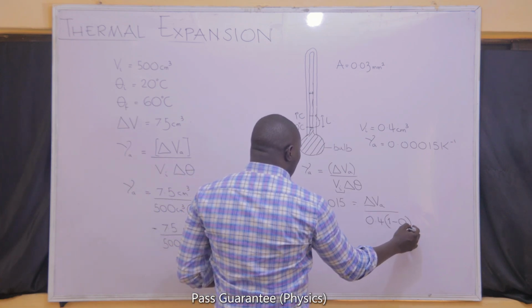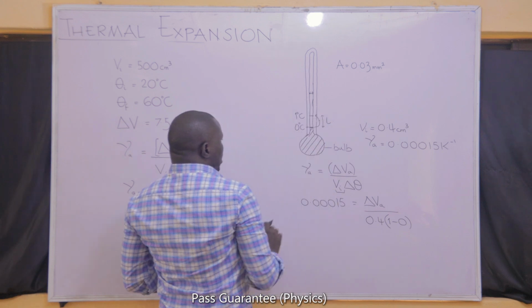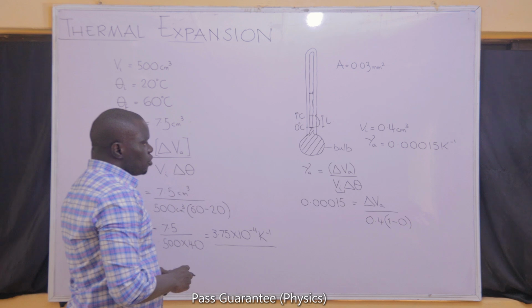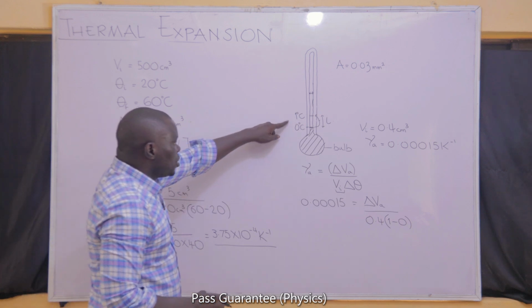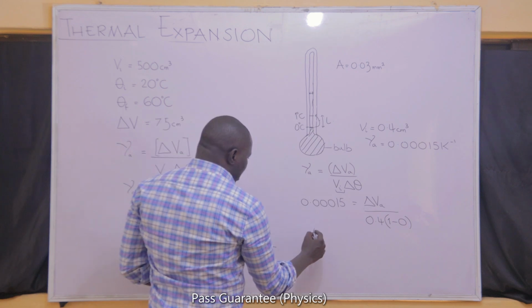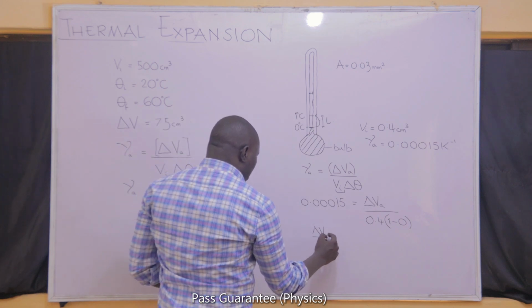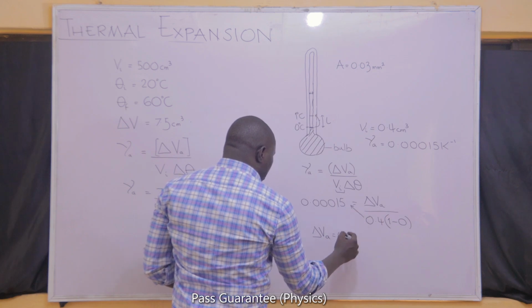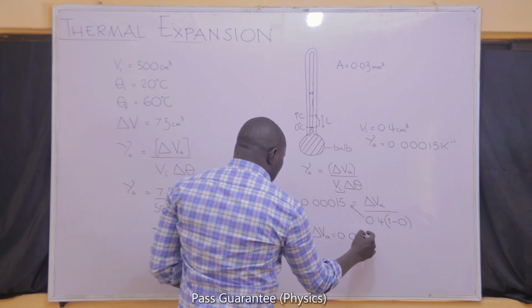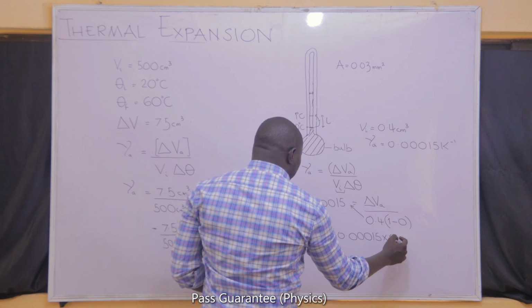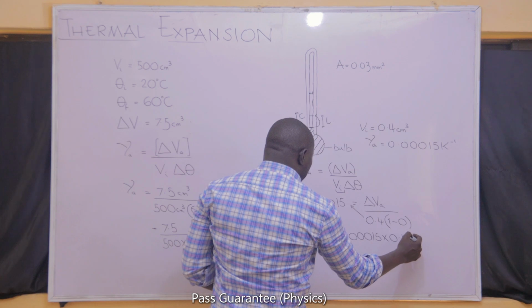We want to know the expansion the mercury will go through if the temperature is increased by 1. So if I cross multiply, my apparent change in volume must be 0.00015 multiplied by 0.4 multiplied by 1.